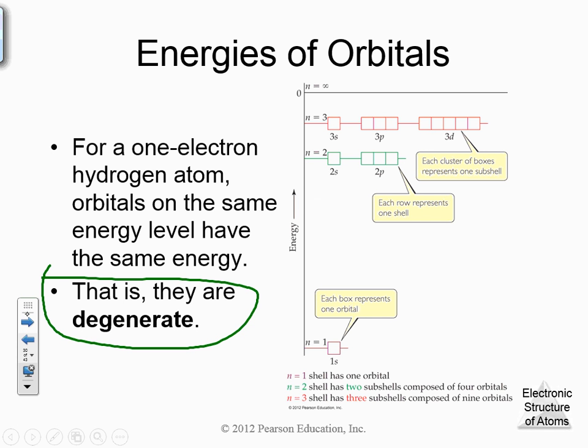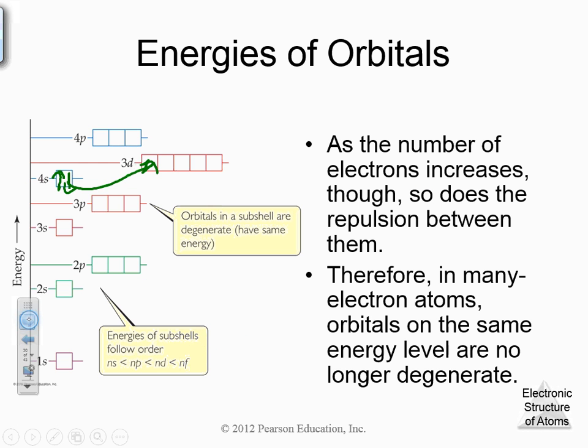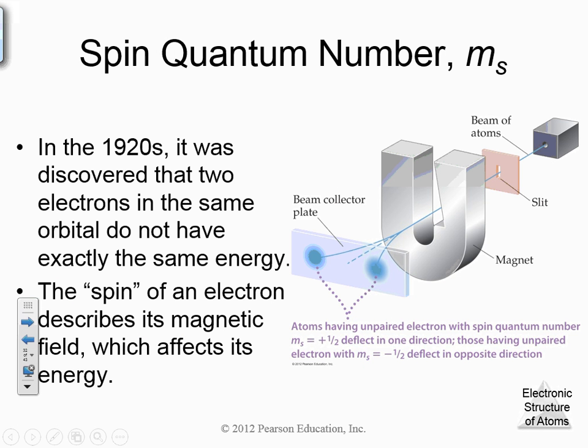All right, last thing that I want to get to is the spin quantum number, which is the 4th quantum number. And remember that the spin of an electron can only go 2 ways.